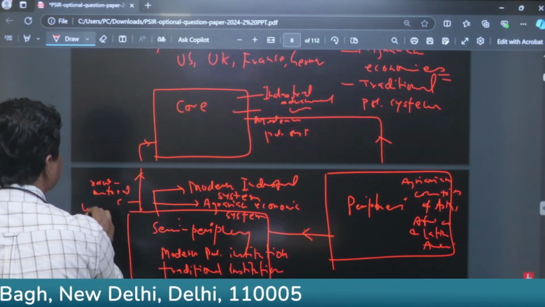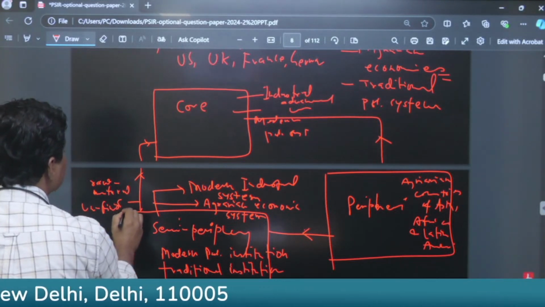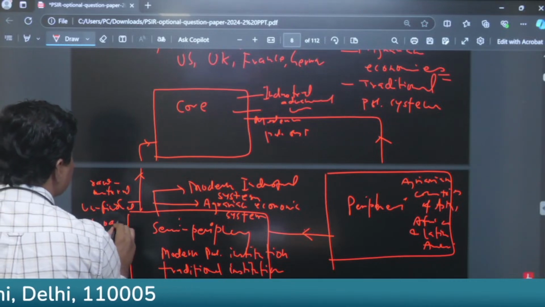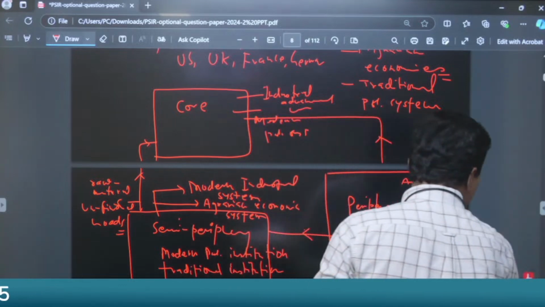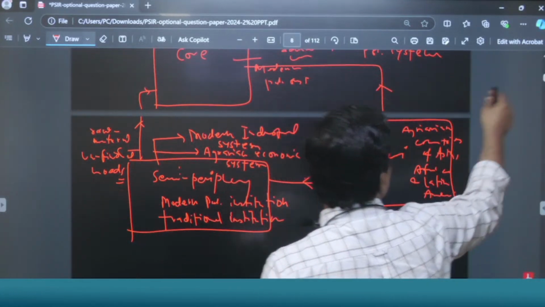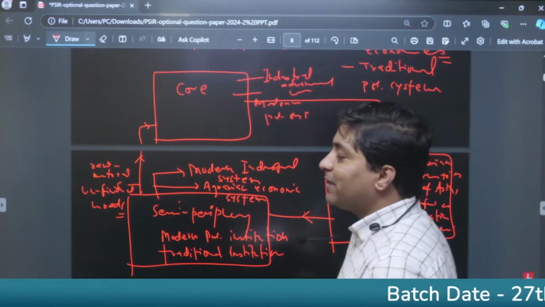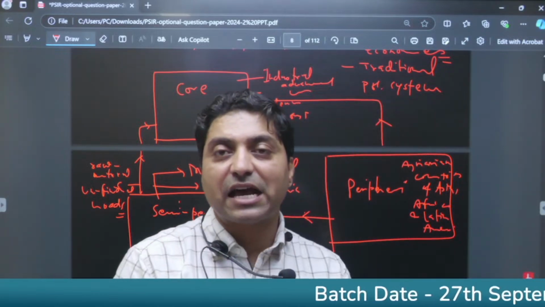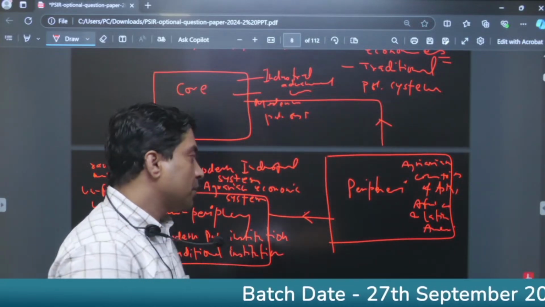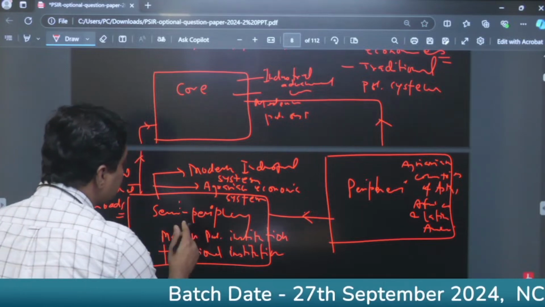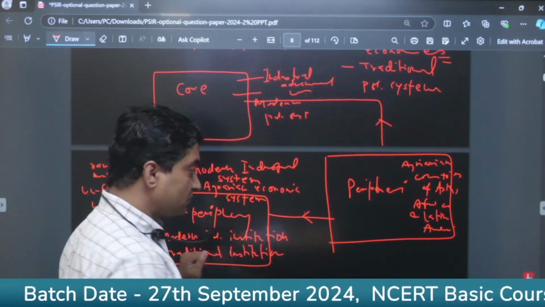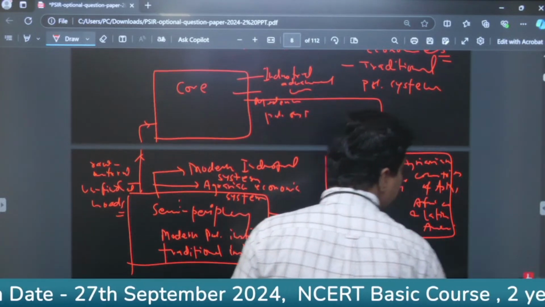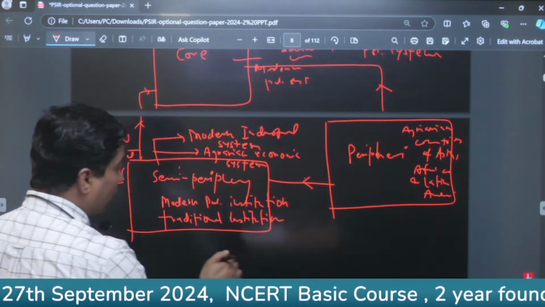Unfinished goods, right? So it is fine. It's very normal that this kind of transaction is very natural in international politics, right? And this semi-periphery provides stability in the world system, and this way exploitation continued in the world.